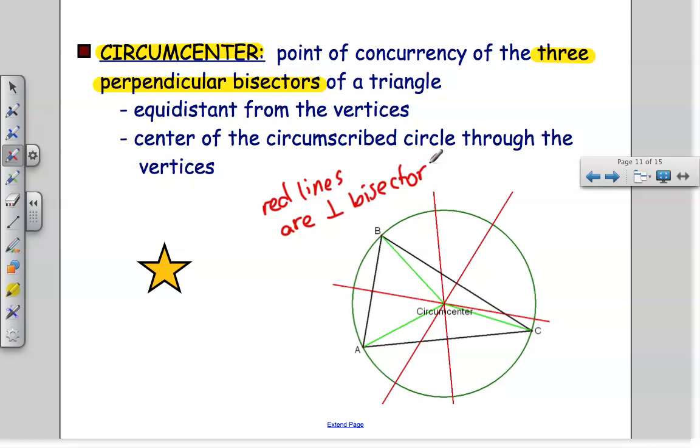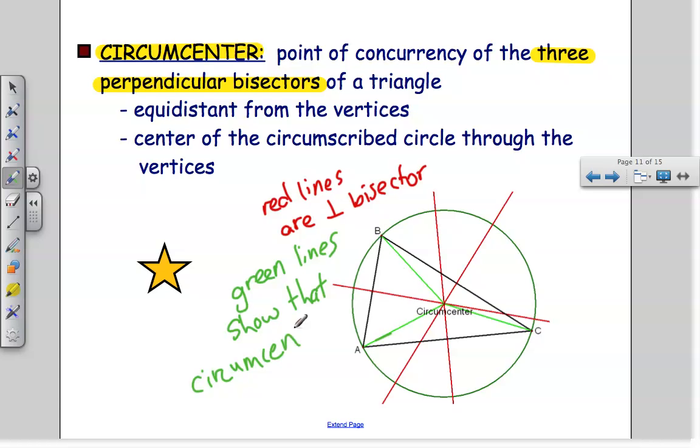They meet at the circumcenter. Those green lines show that it's equidistant to vertices. Those green lines would all be congruent.